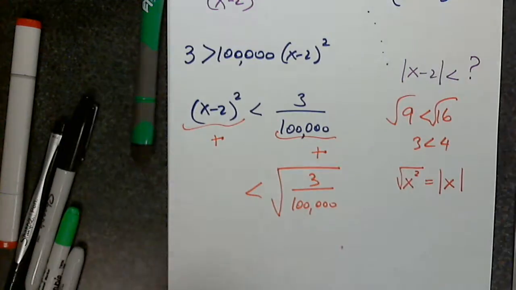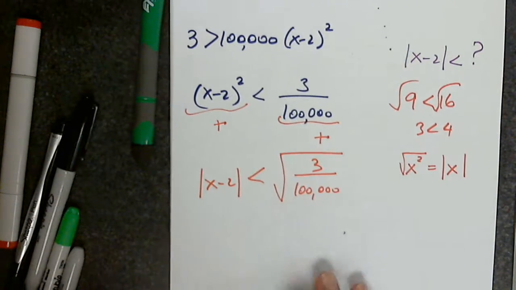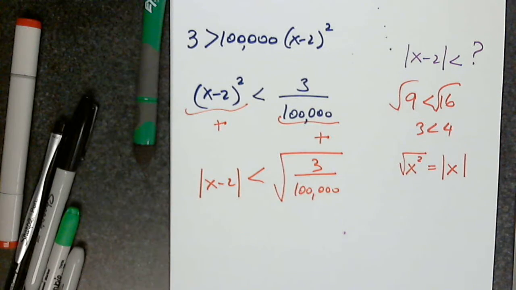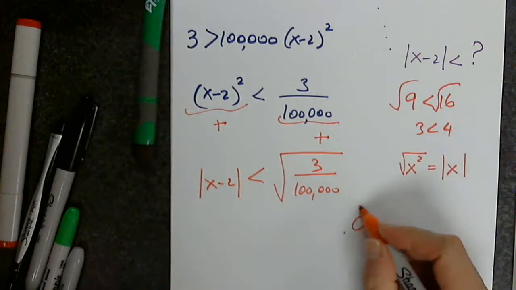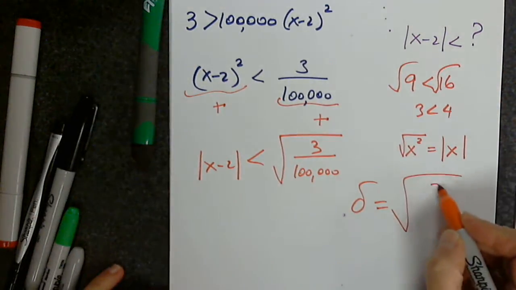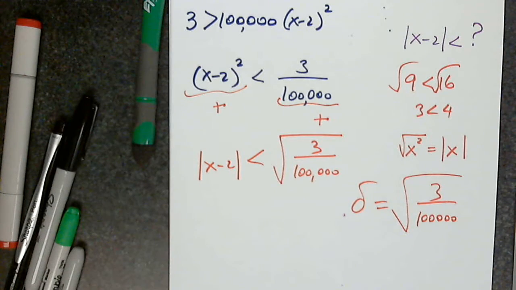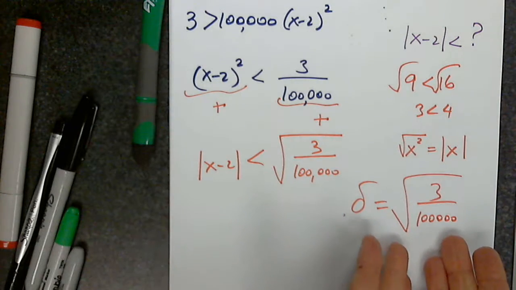Exactly. So, how much is delta? Anyone? So how close can I choose x to 2 that guarantees that f of x is greater than 100,000? This close.